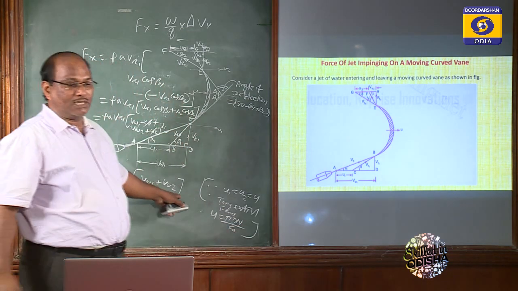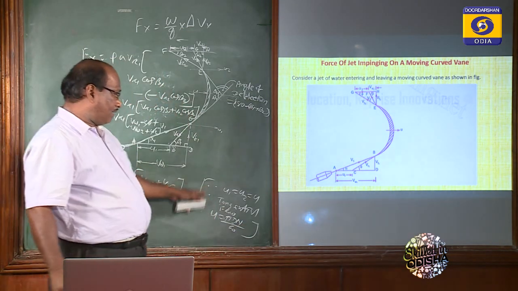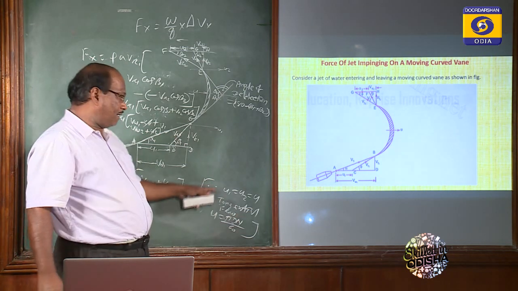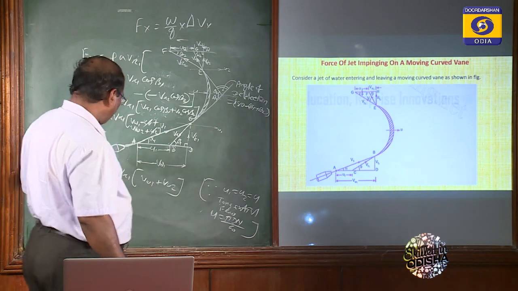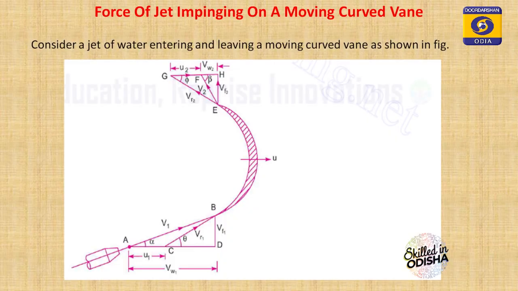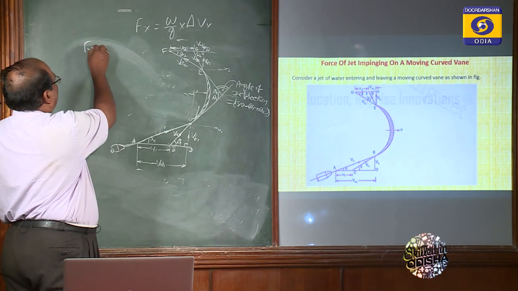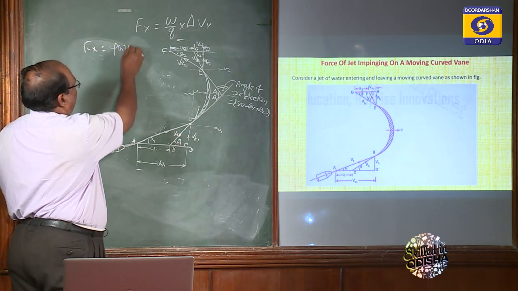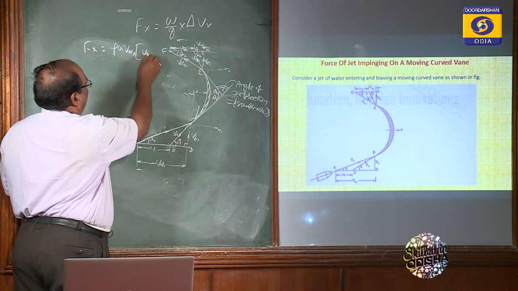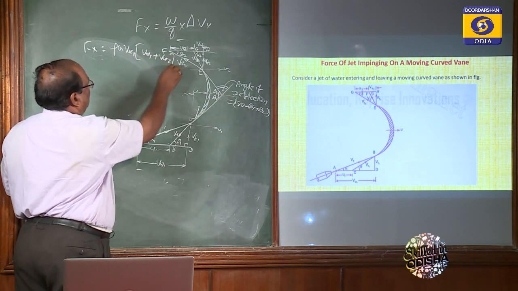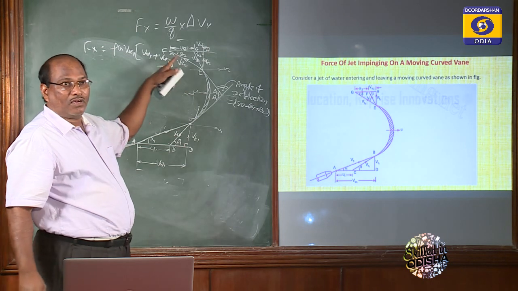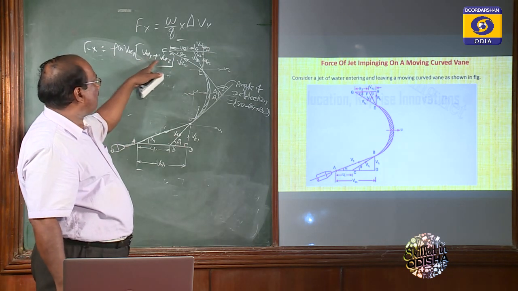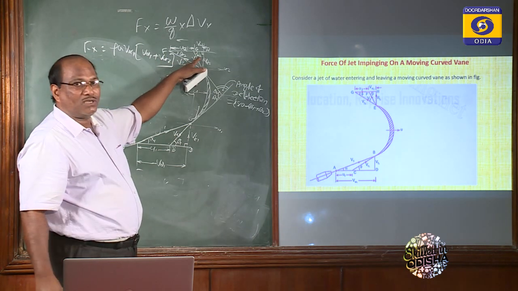In higher classes, when you study machinery and turbines, impulse turbines, you will understand that in the tangential direction U1 equals U2 equals U. So the force formula is Fx equals rho A VR1 into VW1 plus VW2.